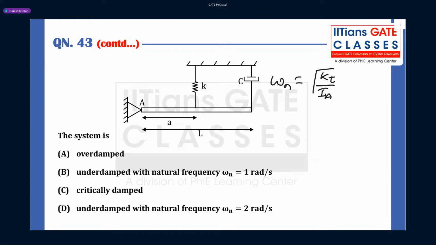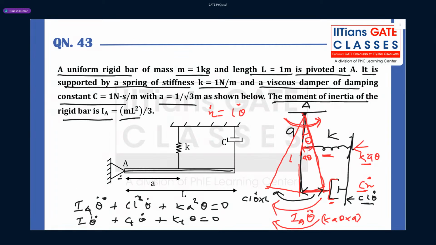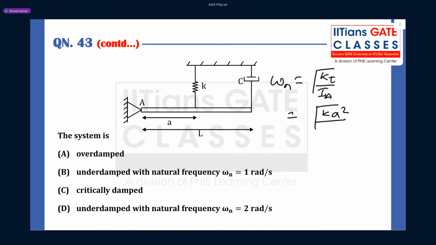So in this case it is Ia. Now, what is the kt? We are getting Ka square. In the given problem, Ia is given as ML square by 3.